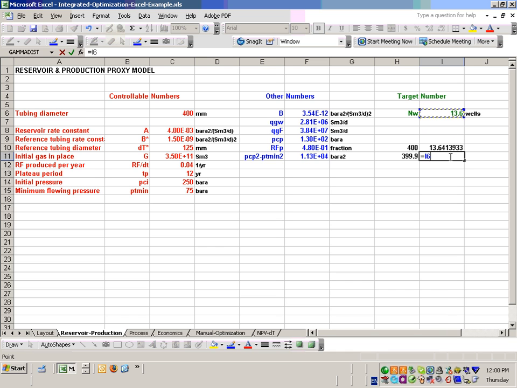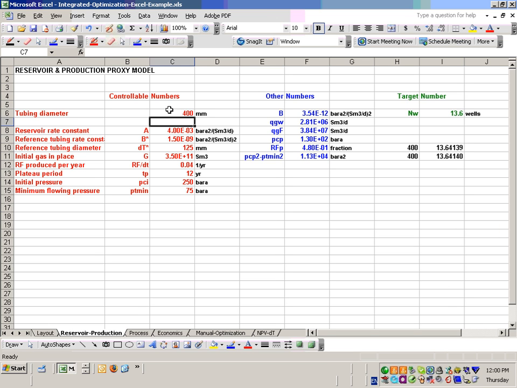I want to have these the same number of digits. Actually, I'll change that to be equal to this. Now I'm going to change this to 399.99. And you see it changes only the last digit.